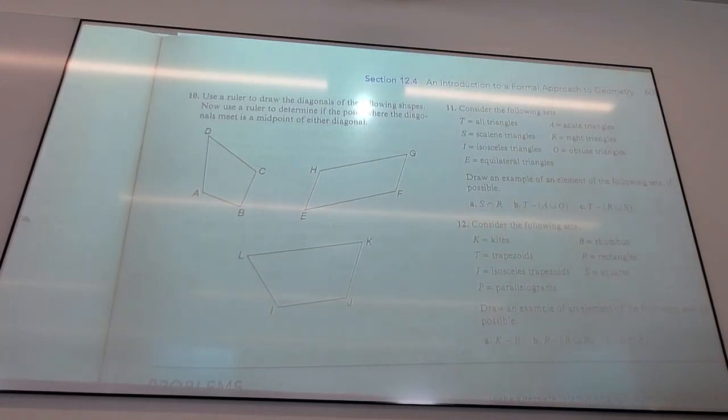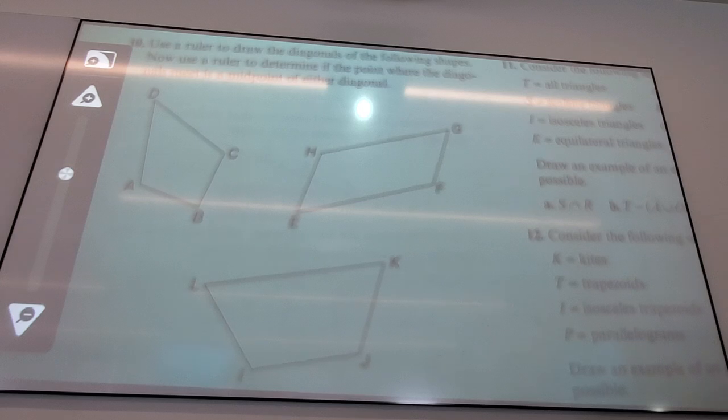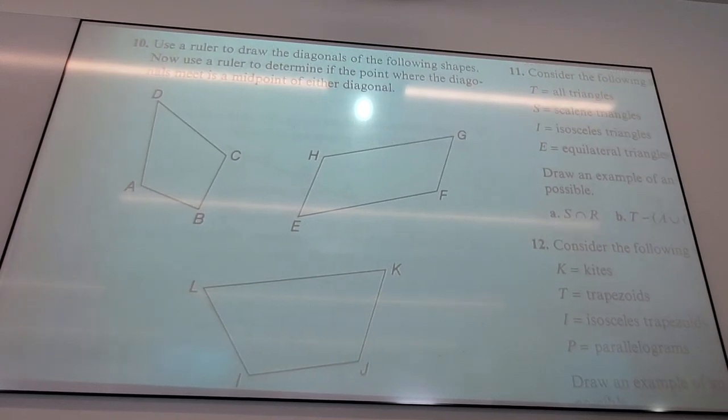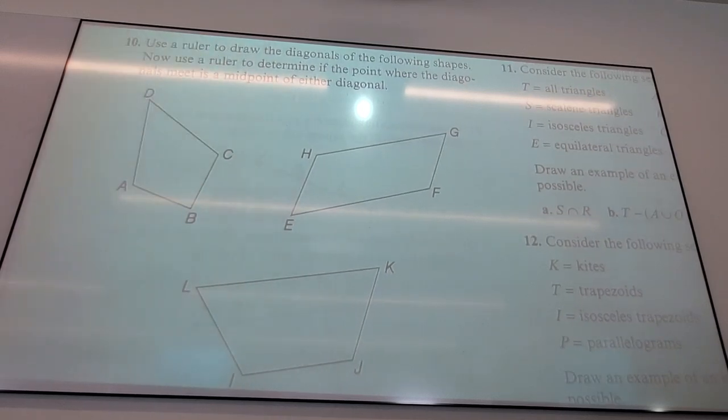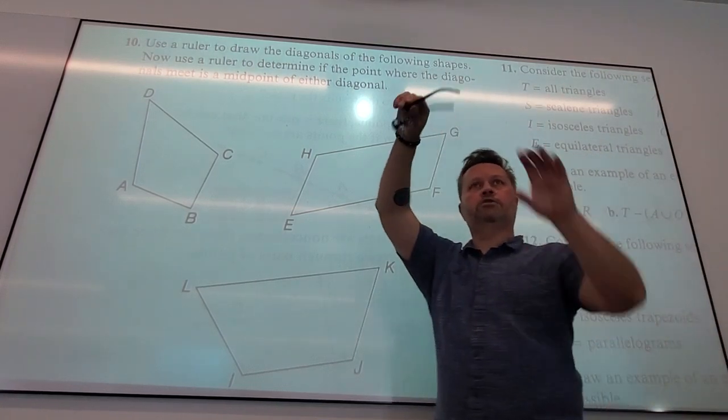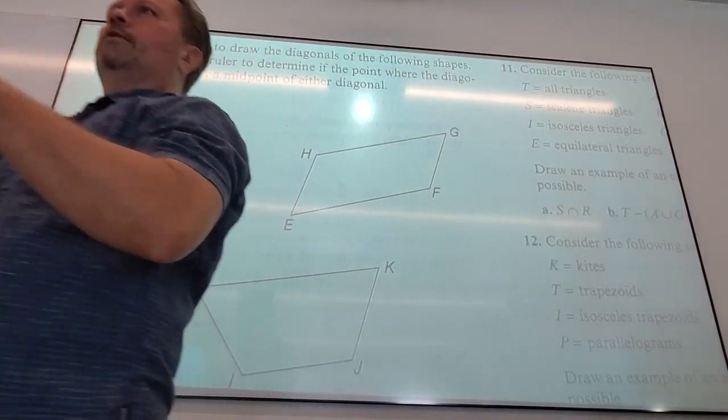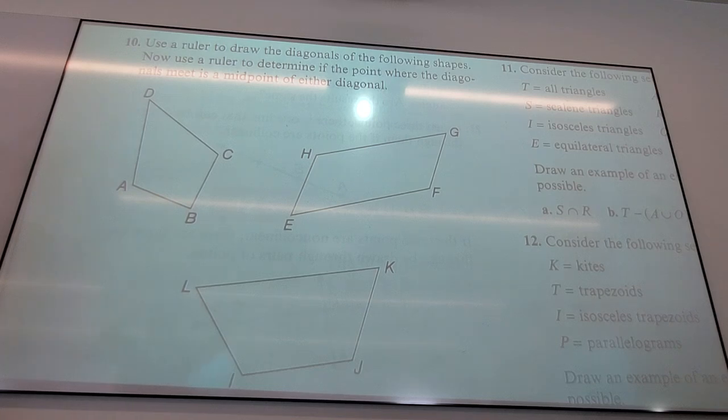Shoot. So use a ruler to draw the diagonals of the following shapes. If you want to, you can just trace these on a piece of paper. If you don't have a ruler, you just use your protractor. If you don't have a protractor, I'm sorry, I'll get you one eventually, but you should have a straight edge. Oh, then they want you to measure, so you need a ruler.